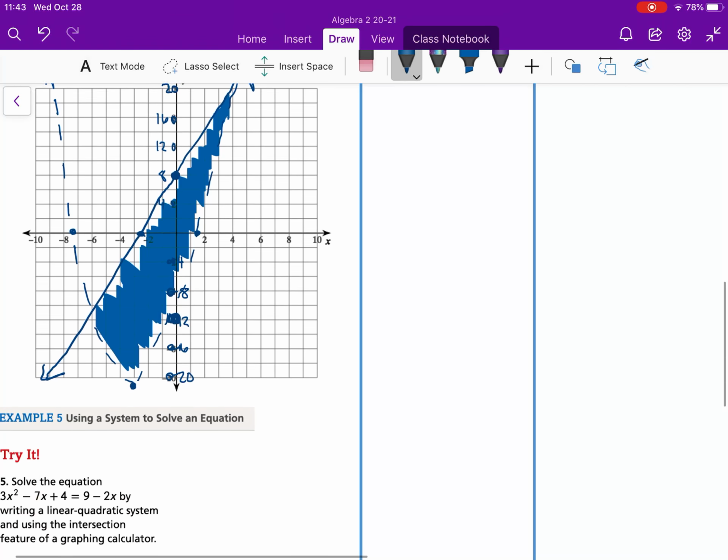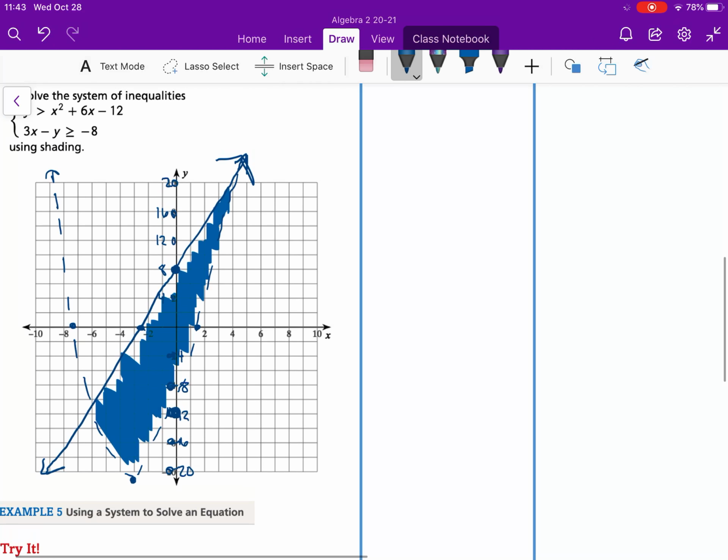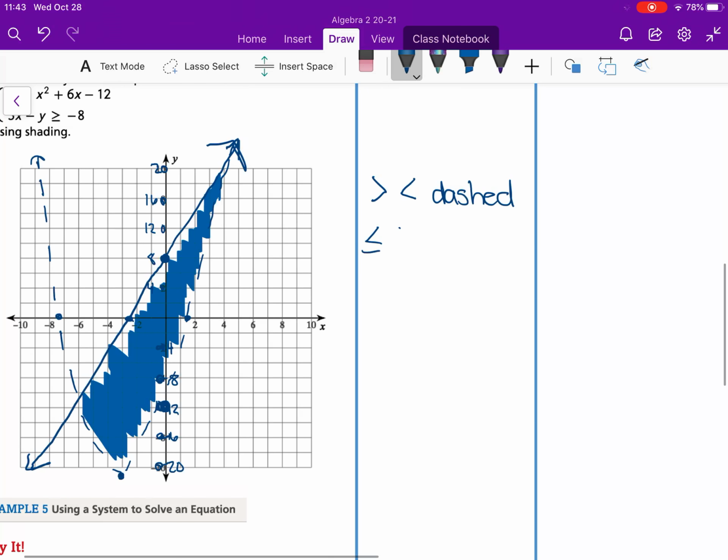All right, one more question. Actually, hold on. Let's make a couple of notes about this last one. So less than or greater than are dashed lines. So if there's no equal to symbol, it will be dashed. If it is equal to, so if there's a solid line underneath, it is a solid line.